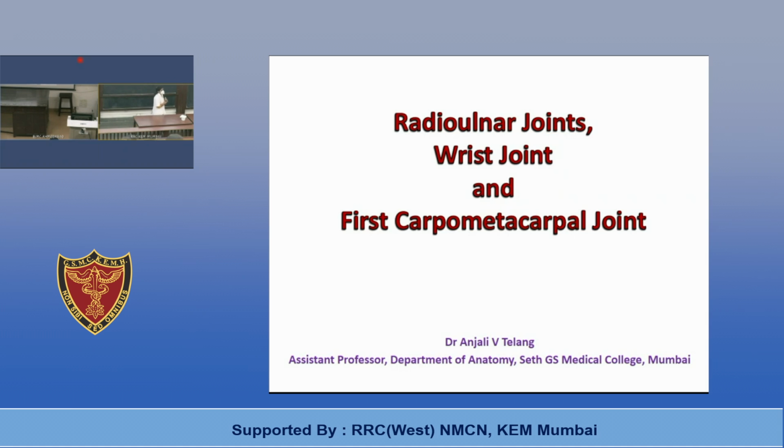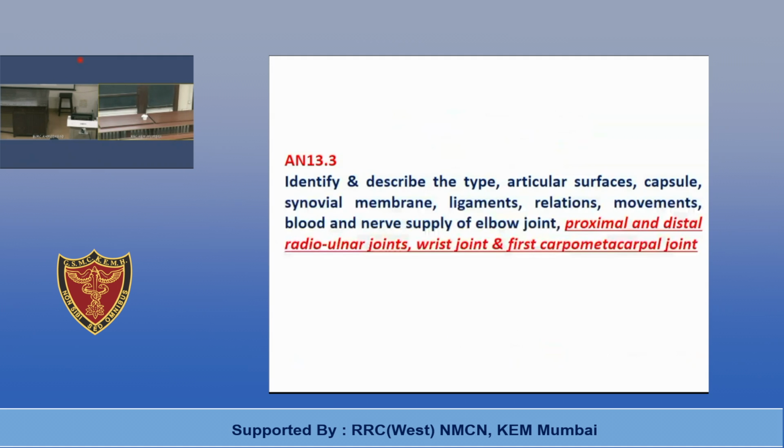But if you see radioulnar joint, you won't find all of the headings for radioulnar joint. But why it is important to study radioulnar joint? Because if you see competencies listed for these joints, they mention identify, describe the type, articular surfaces, capsule, synovial membrane, ligaments, relations, movements, and of course the muscles producing movements, blood supply, nerve supply of elbow joint, proximal and distal radioulnar joints, wrist joint, and first carpometacarpal joint.